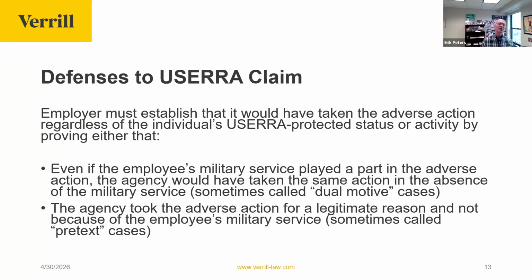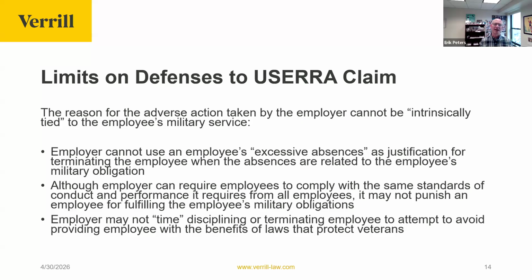All right. We talked a little bit about defenses here. What are the limits on those defenses? That's on the next slide. A court will look at, or an administrative agency, and we'll get to that in a second, there's a whole range of forums in which people can bring USERRA claims.